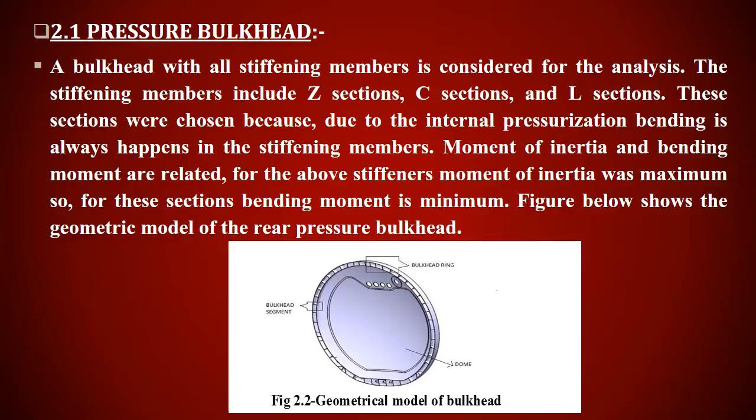One load we call the pressure load: from the atmosphere, from outside, some loads are acting naturally on the bulkhead. It will create some problems in the bulkhead. To reduce that problem, we are using some members including Z section, C section and L section.